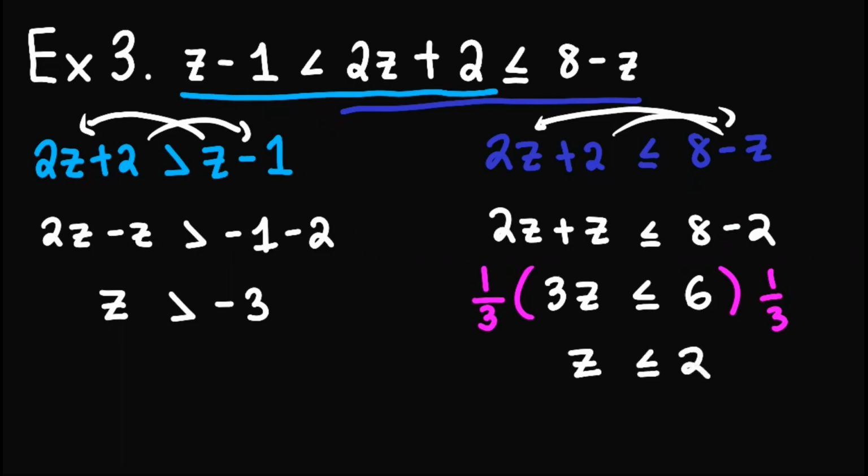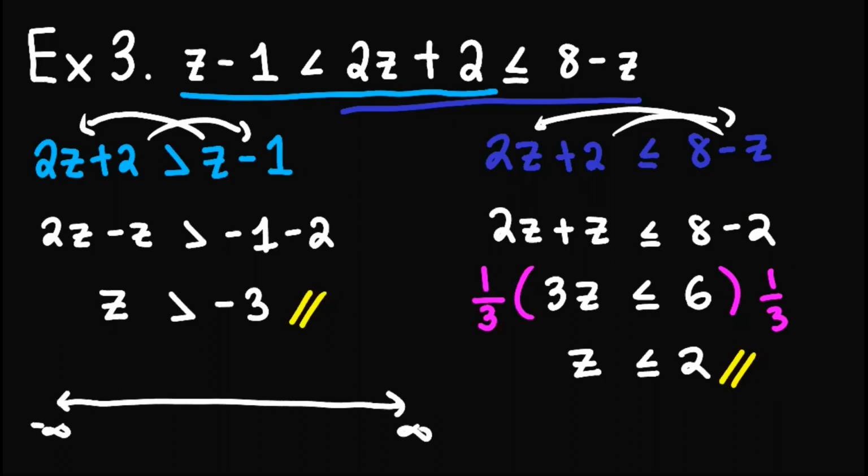And so we have two inequalities. But this isn't the final answer. What we'll do instead is we will get the intersection of these two inequalities. So if we have a number line out here, and we have here 0, out here negative 3, and around here 2, so just estimates.